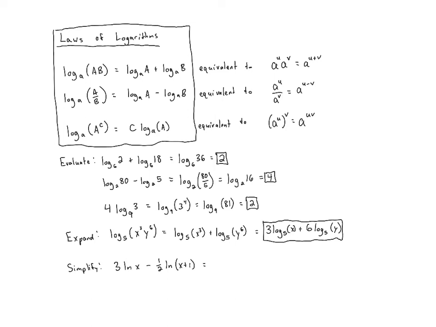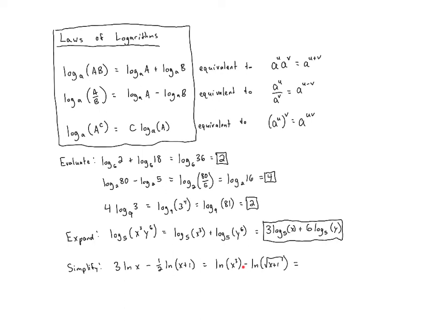Now here we can start by taking the coefficients out front and bringing them inside the logarithms. So we can rewrite this as ln of x cubed minus ln of, and when we raise something to the 1/2 power, that's the same as taking the square root. So we can write this as the square root of x plus 1.